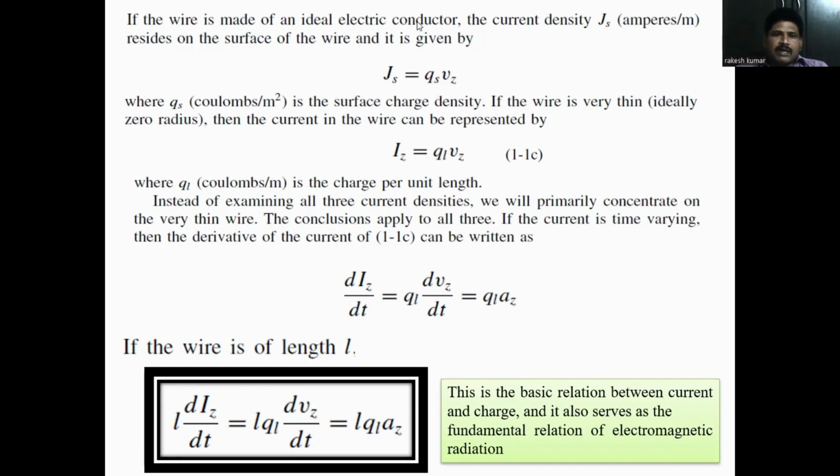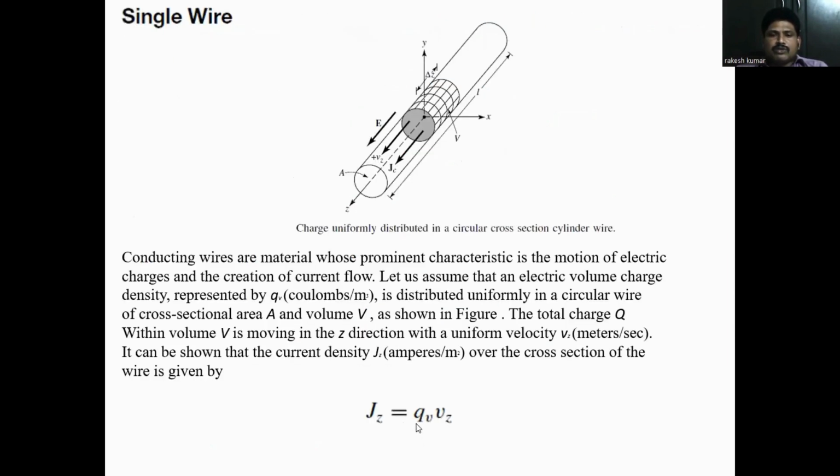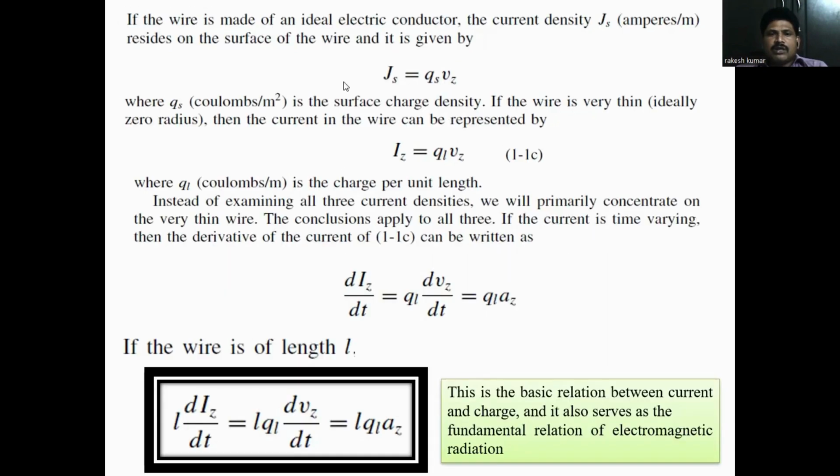Then the current density is equal to Qs into Vz. What is this Qs? In the previous case, Qv is coulombs per meter cube. Here, Qs is the surface charge density. So this is the expression.